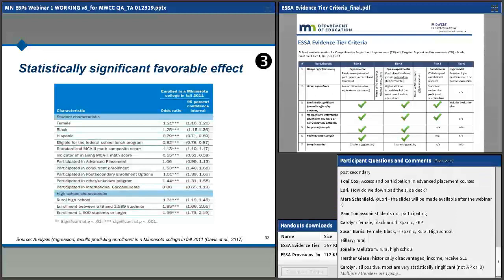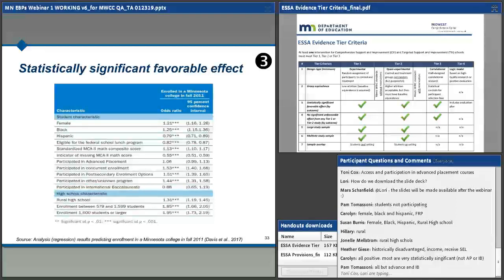I'm seeing some promising responses here. I'm going to let a couple of other people finish typing here.